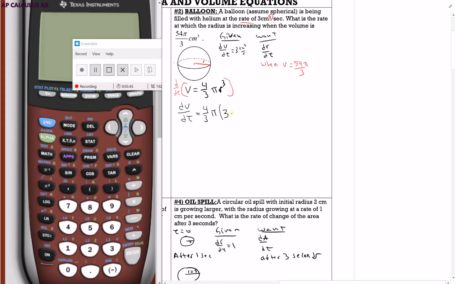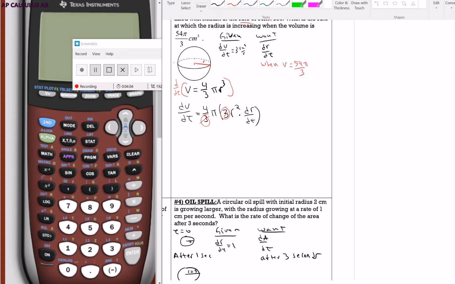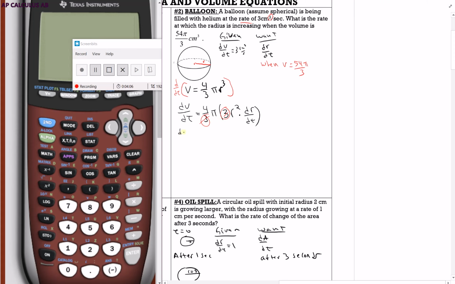Derivative of r cubed is 3r squared times the derivative of the inside, which is dr dt. Right, and then I can simplify this, and hopefully you can see that this 3 and this 3 are going to cancel, and so we'll be left with dv dt equals 4 pi r squared dr dt.